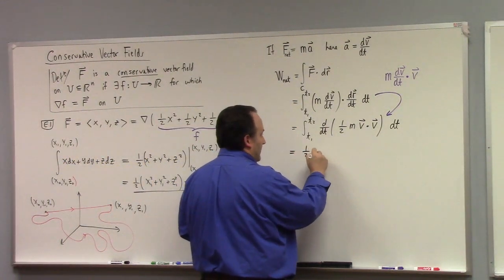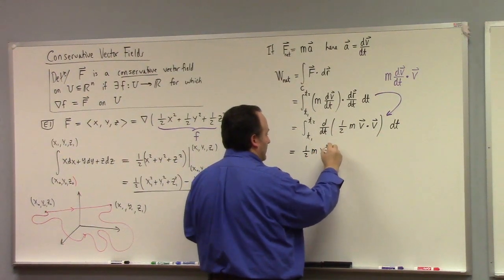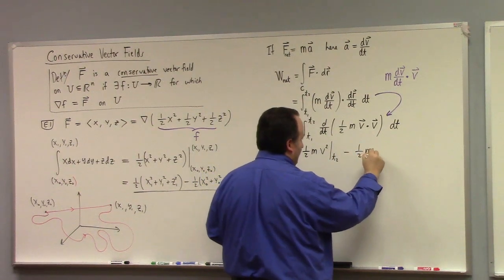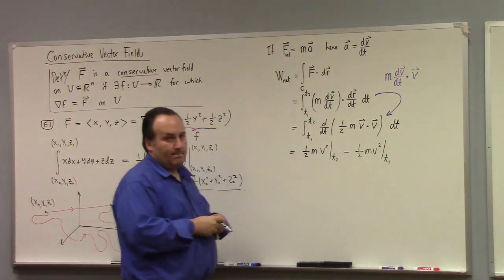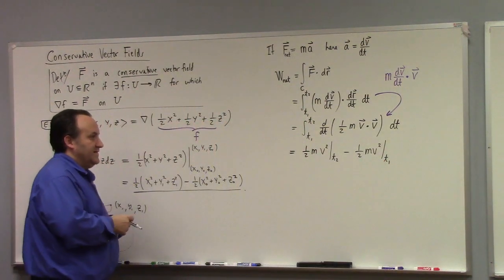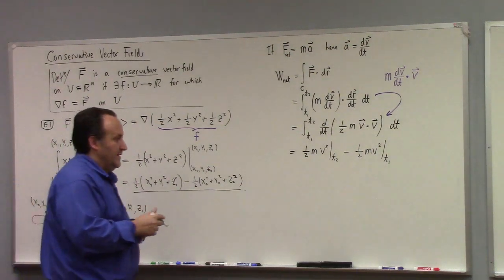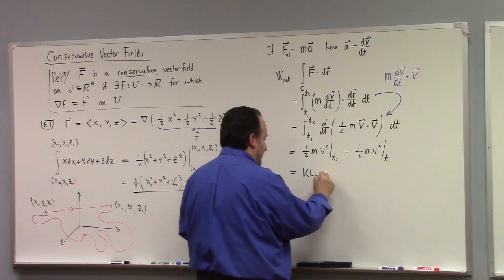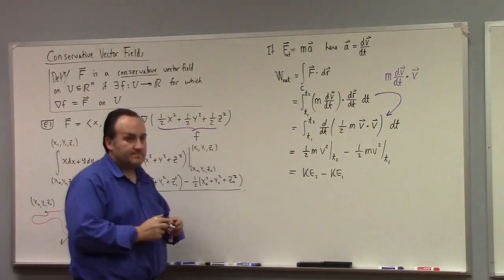1/2 mv squared evaluated at t2 minus 1/2 mv squared evaluated at time 1. And so in physics, we call this quantity 1/2 mv squared the kinetic energy, right? So what this says is kinetic energy at time 2 minus the kinetic energy at time 1, it's equal to the work done.